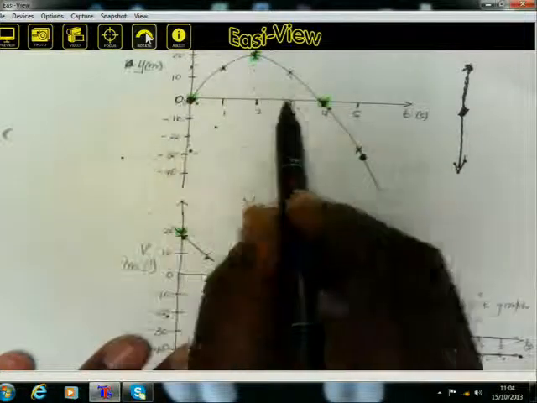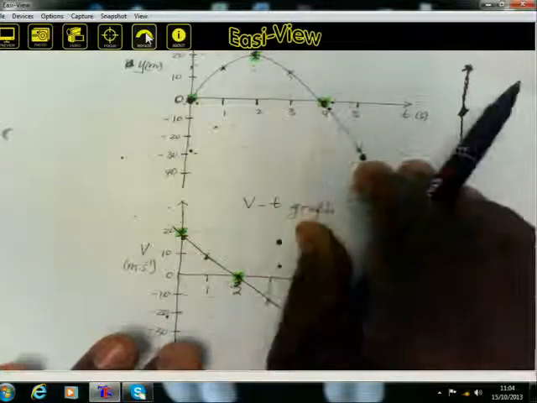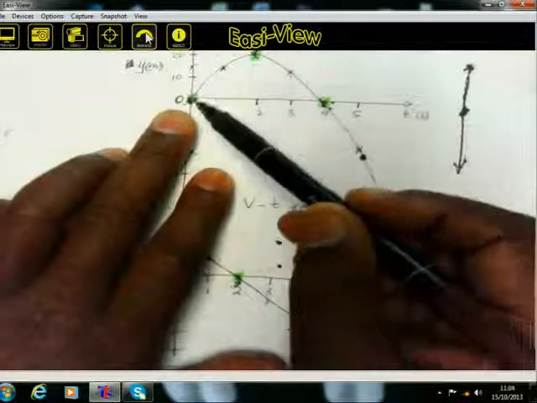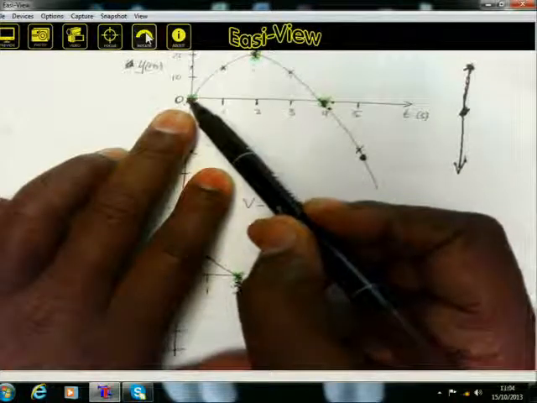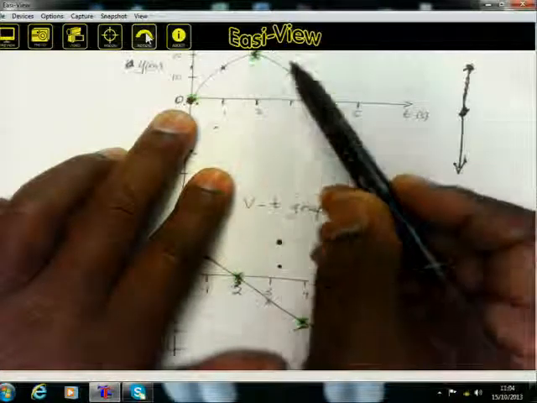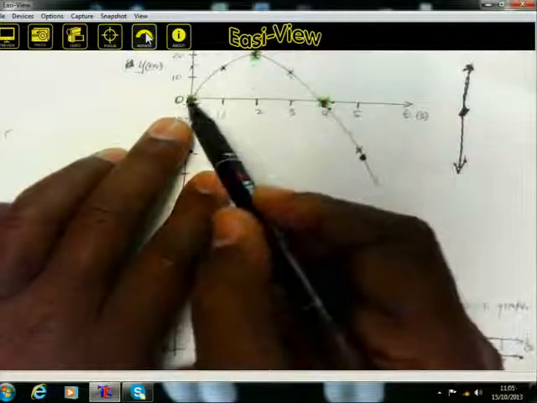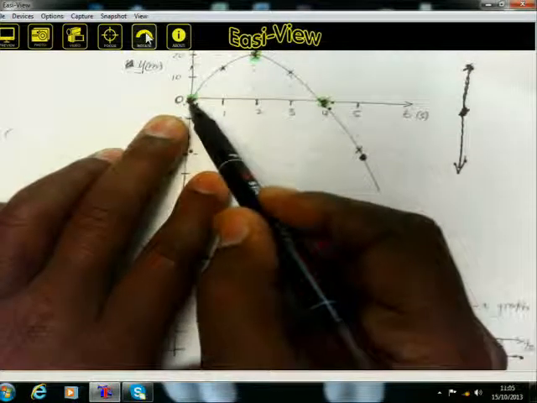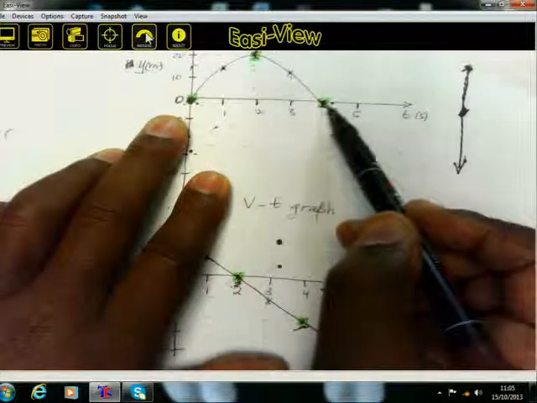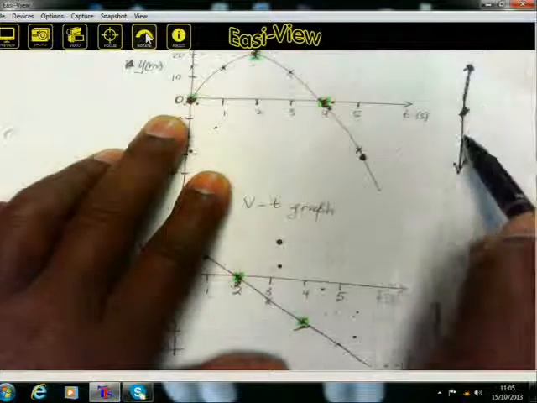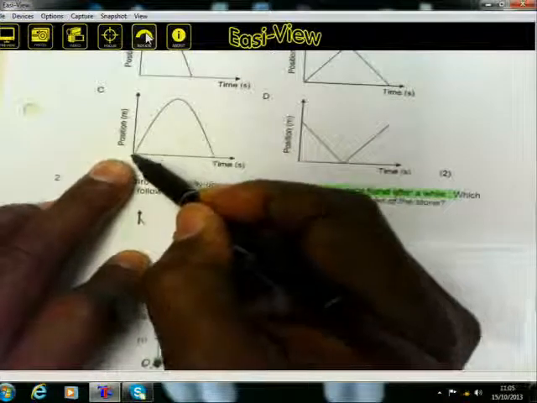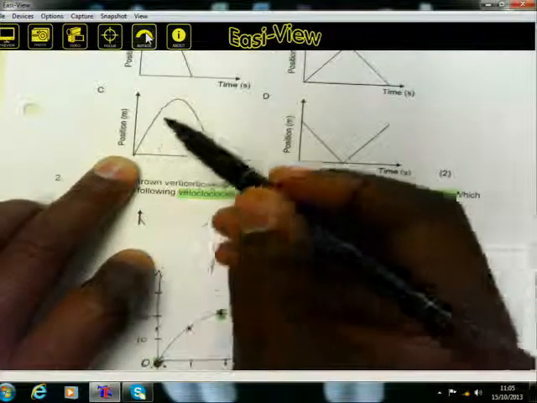I think from this already we see that this object comes back to the original position, where the initial position is the same as the final position. It goes up and then it comes down. And I think that graph answers that. This graph shows the position of the object.